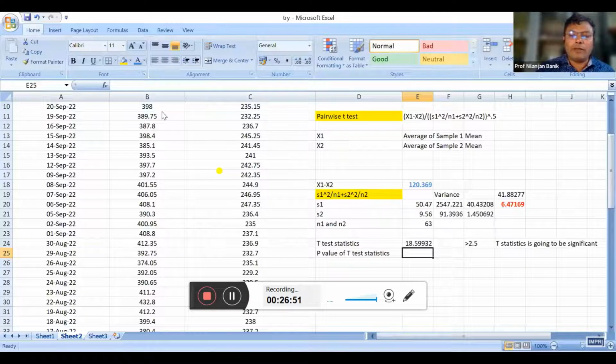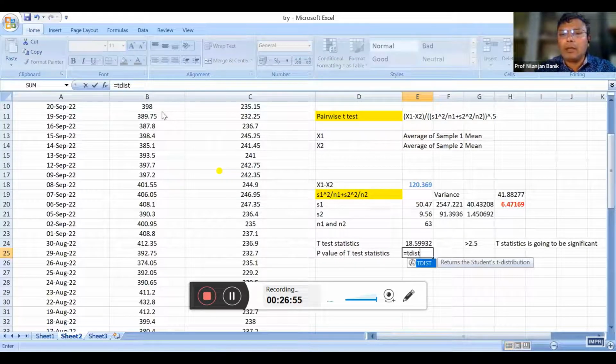For that, you write this formula, called t dist. It asks for x, which is this value, and the degree of freedom, which is the number of observations less 1, because we are losing 1 degree of freedom as we are dealing with the difference in mean.